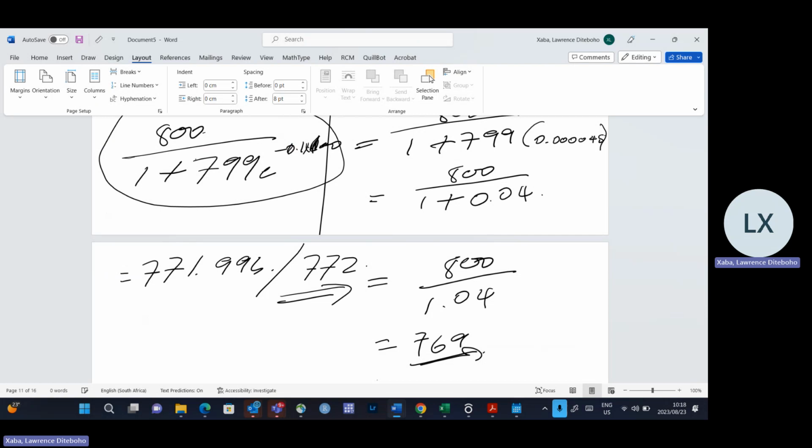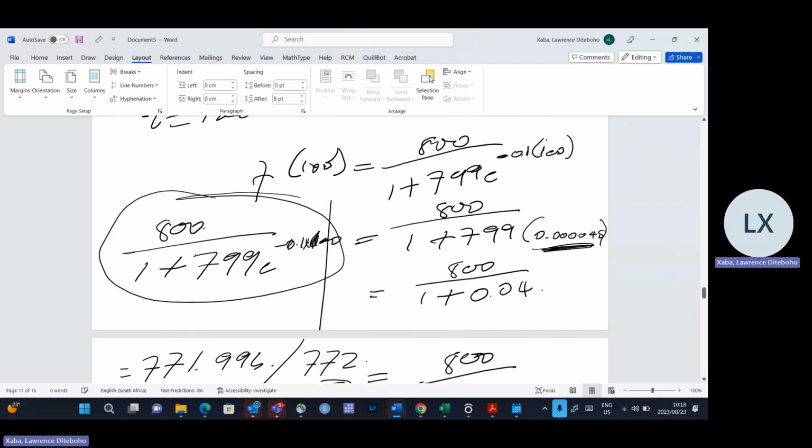So it means something went wrong when it comes to rounding.